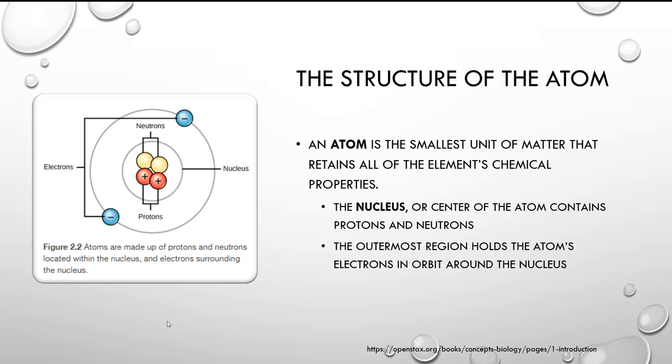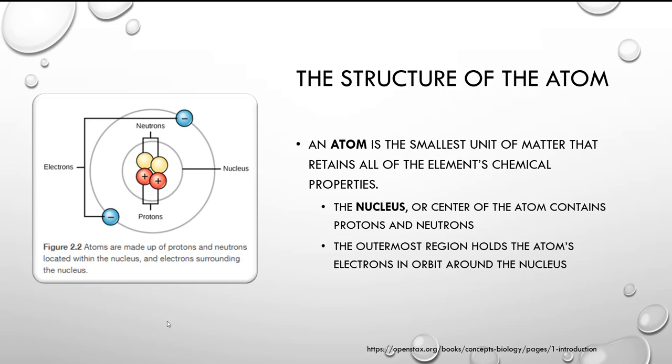But we can define what are called subatomic particles, so things that make up the atom. So if you look in the middle of this picture here, this is a helium atom. And in the middle, we call that the nucleus, just like in the cell. The nucleus contains two subatomic particles, the protons and the neutrons.